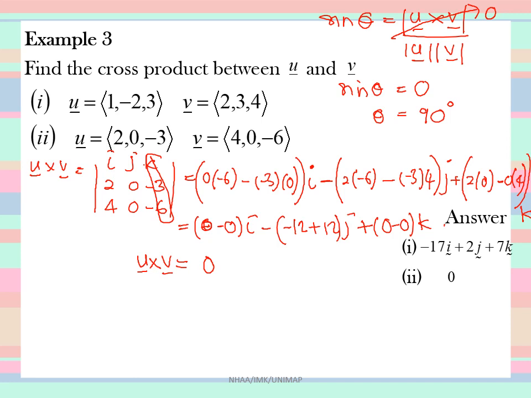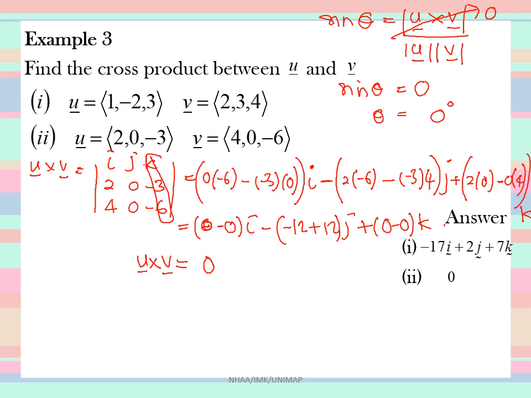Sorry, not 90 degrees, it is 0 degrees, because sine of 0 degrees is equal to 0.